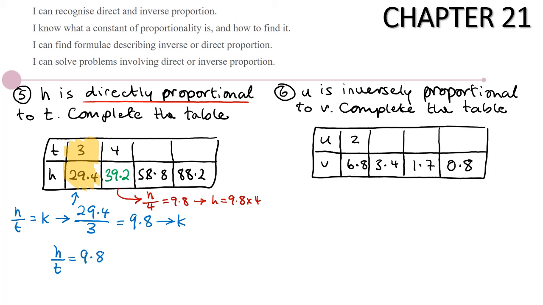In the next part of the table here, if I want to find this, I know that h, which is 58.8, divided by t, that's what I want to find, is equal to 9.8.